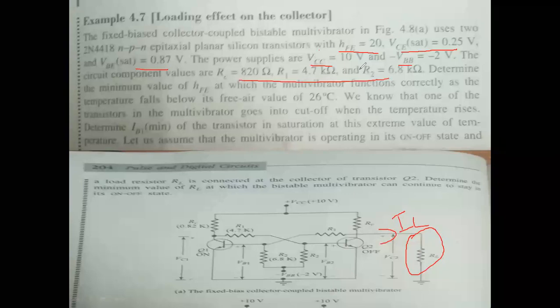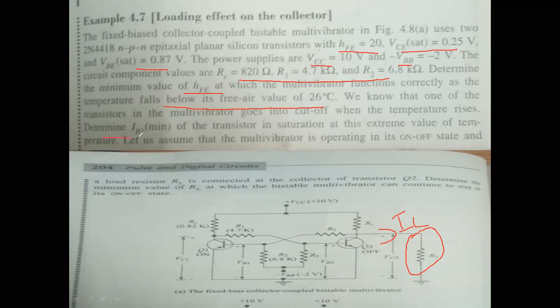What they have said is determine the minimum value of HFE of the multivibrator to function correctly for temperature below 26 degrees. That means we have to find out the beta value below 26 degrees, and we know that one of the transistors of the multivibrator is cutoff as temperature rises.